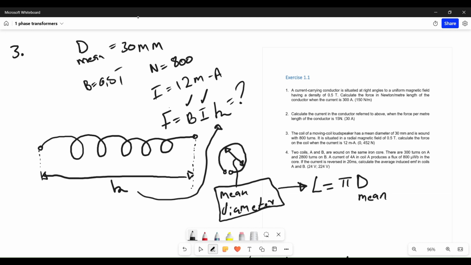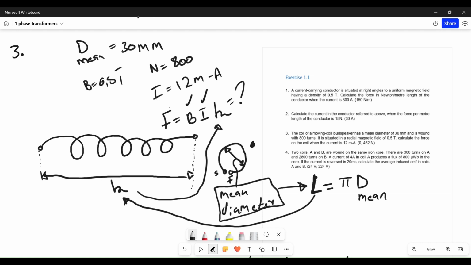Okay, so as you can see, this L is not the same as this L. This one is a straight L. So what is the difference? If I take one turn inside the coil, let's say this is the start, and this is the finish of the turn.